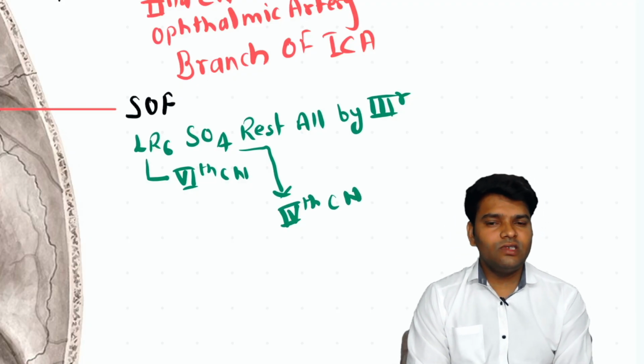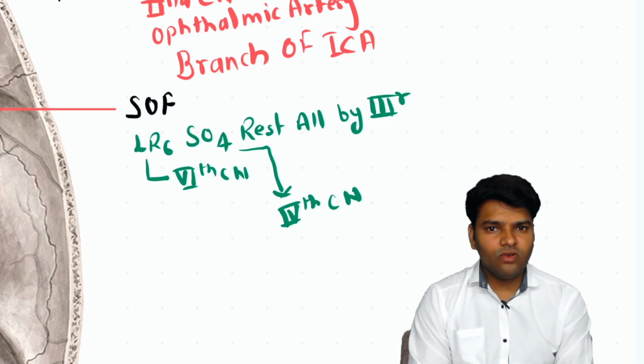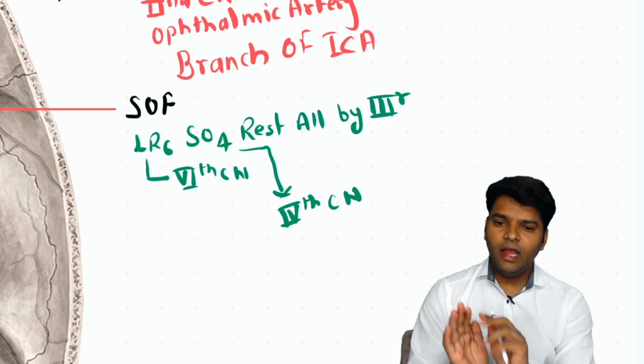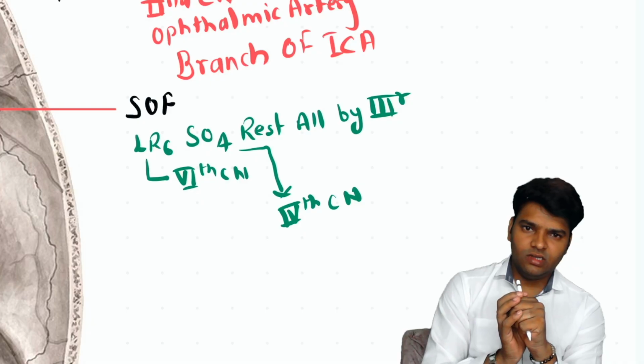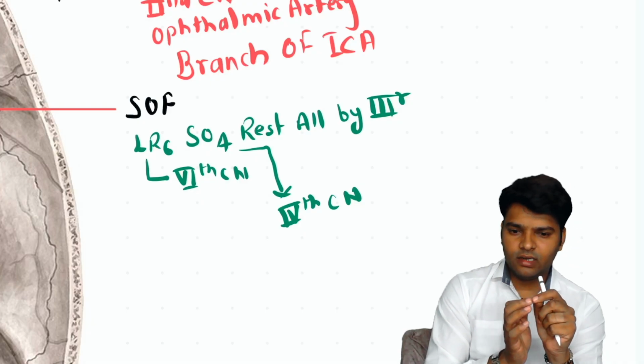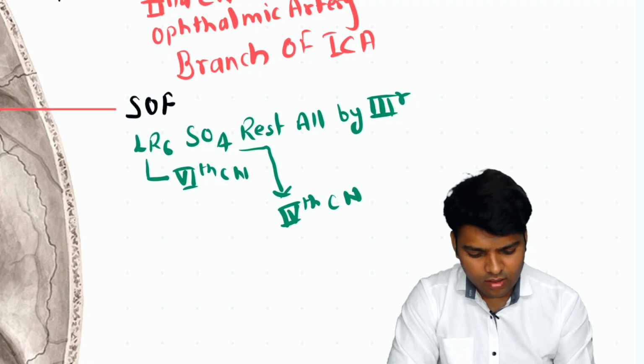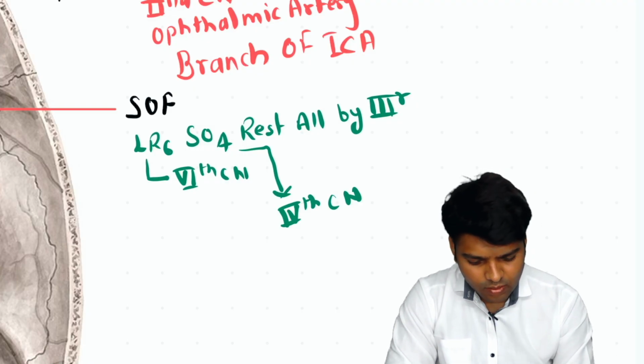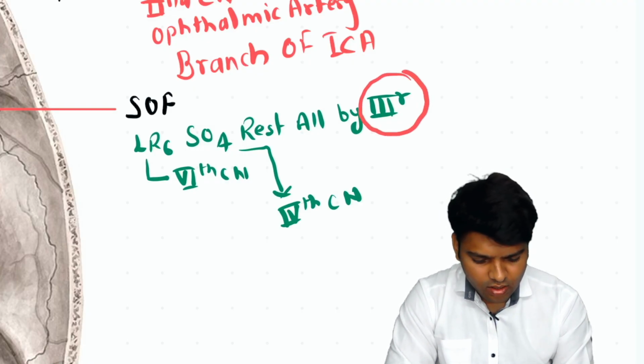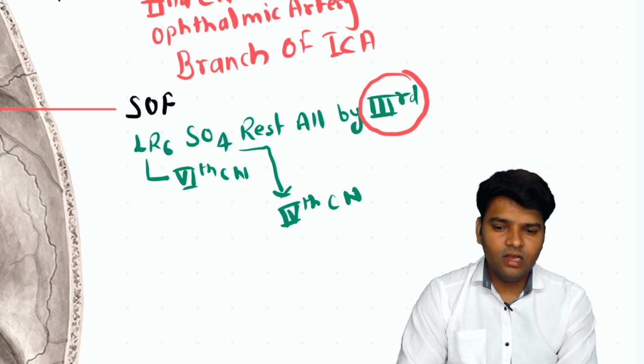The 6th cranial nerve is the abducent nerve, the 4th cranial nerve is the trochlear nerve, and all the remaining rectus muscles are supplied by the 3rd cranial nerve.